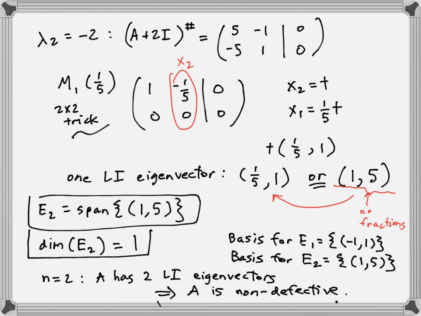Again, we are using this new terminology all the time just to make sure that we get used to it. Okay? What do we notice here? We notice a few things regarding dimensions, right? The dimensions of our eigenspaces, when you added them up, we got 2. And A was a 2 by 2 matrix.